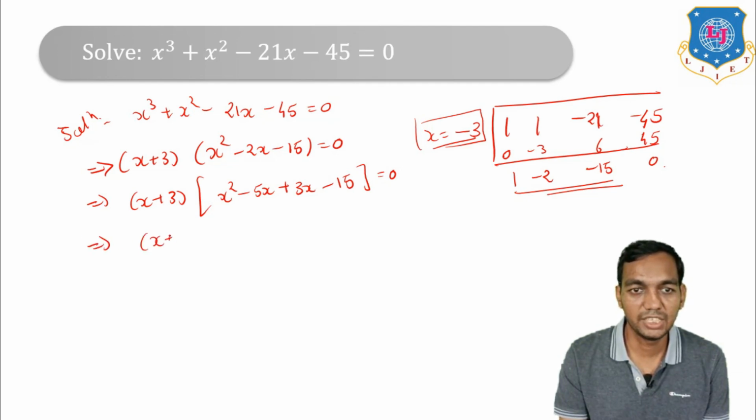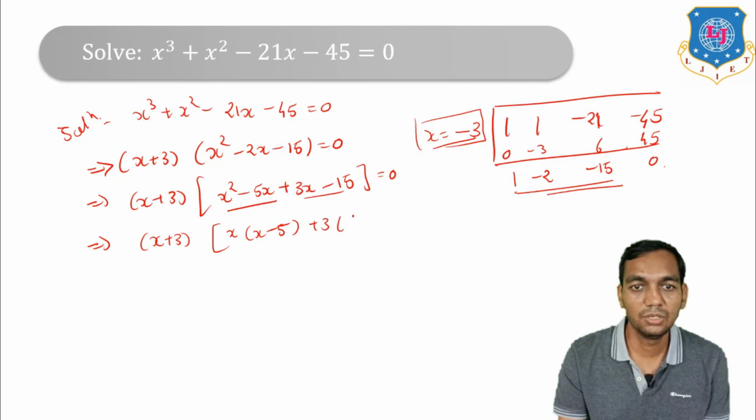And that will give you x plus 3. If you are going to pair out, then you will get x into x minus 5 plus 3 into x minus 5 is equal to 0. And that will give you x plus 3, x minus 5, x plus 3 is equal to 0.